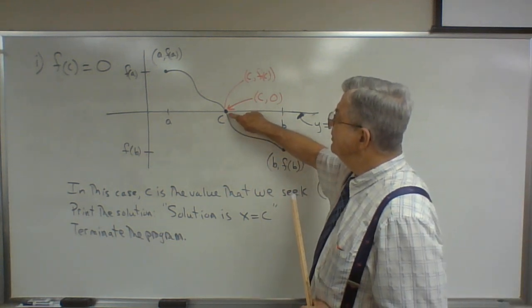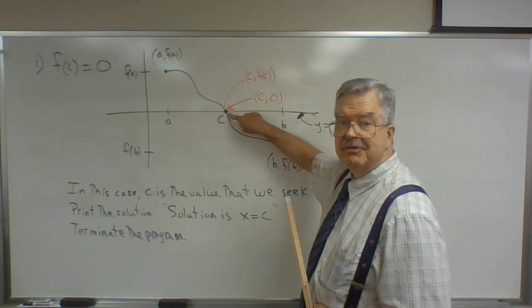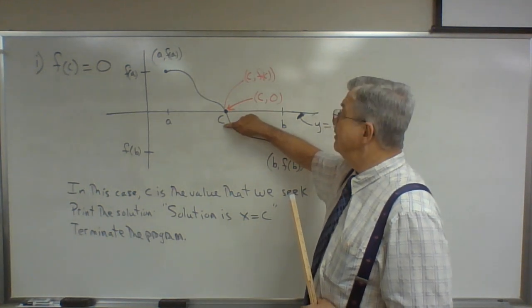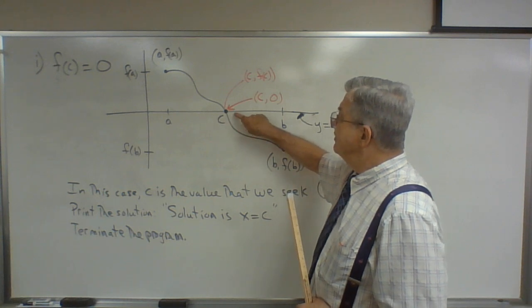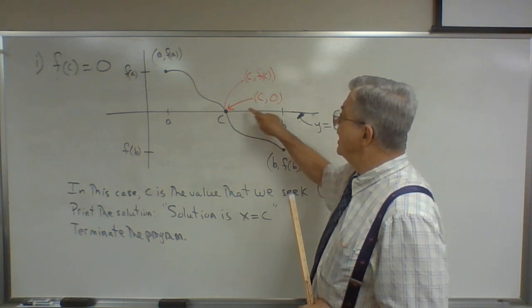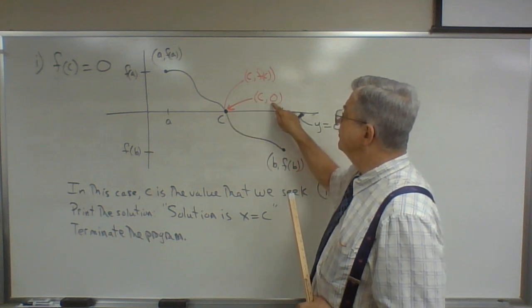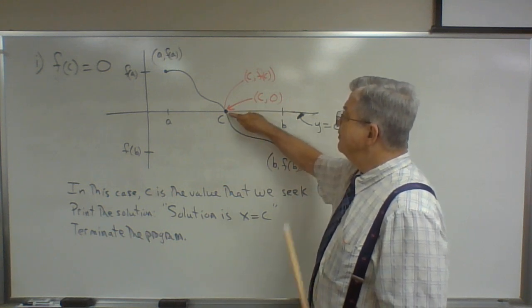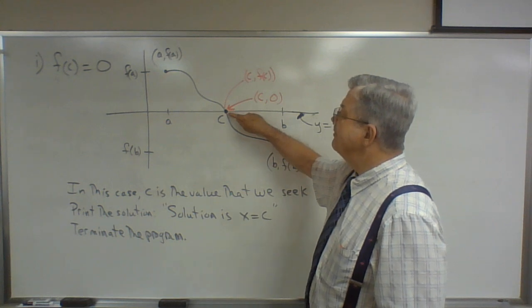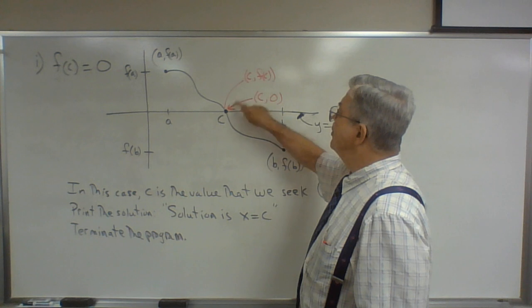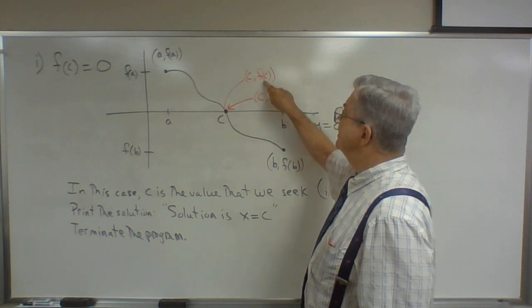Here's x equals c. This is where the graph crosses the x-axis, right at the midpoint of our interval. And since this is on the x-axis, the y-coordinate is 0. This point is (c, 0). But since this point is also on the graph of y equals f of x, this point is also (c, f of c).